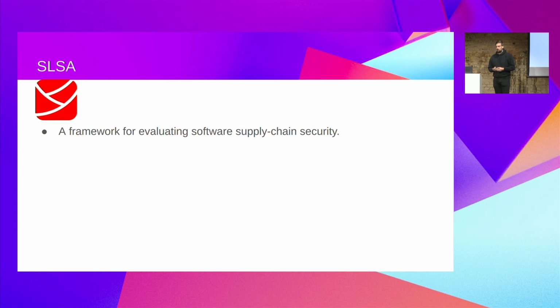So SLSA's framework for evaluating software supply chain security is open source, maintained by the OpenSSF. It has the goal of ensuring integrity and tamper resistance of a project. Basically what I just said, that the consumer consumes the right package.